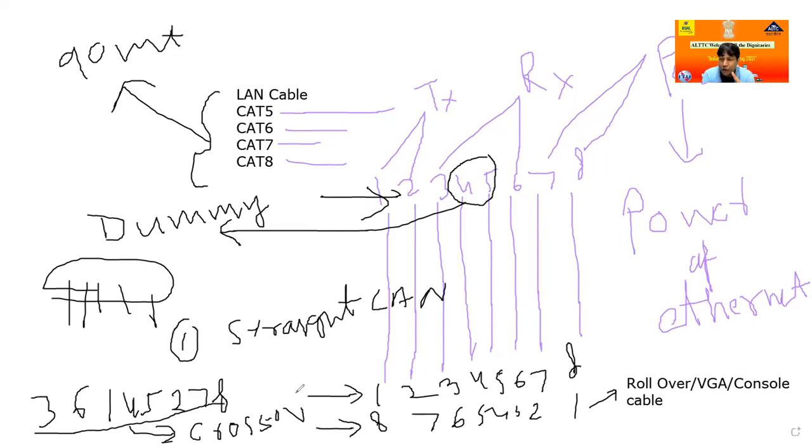If you want computer to computer communication, or switch to switch communication, in this case either a straight cable or a crossover cable is required. Now the question is where the crossover cable is used and where the straight cable is used. The answer is very simple.